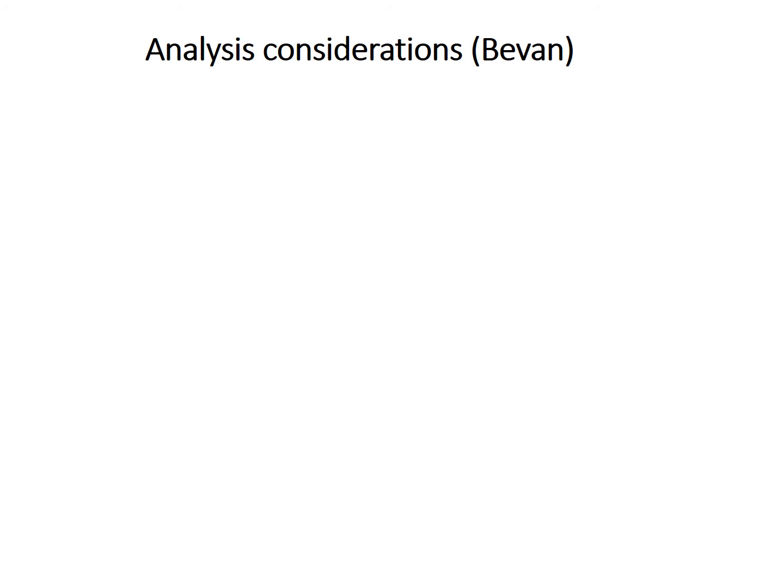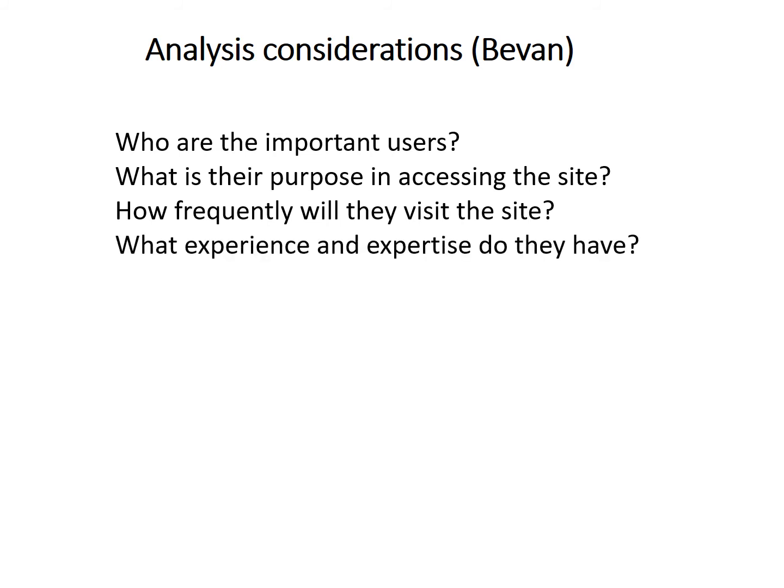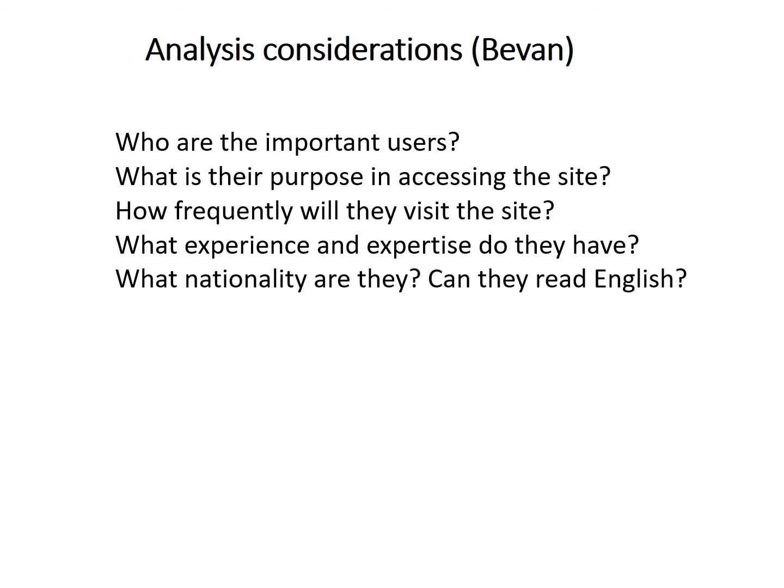So analysis considerations according to Bevan. Who are the important users? What is the purpose in accessing the site? How frequently will they visit the site? What experience and expertise do they have?